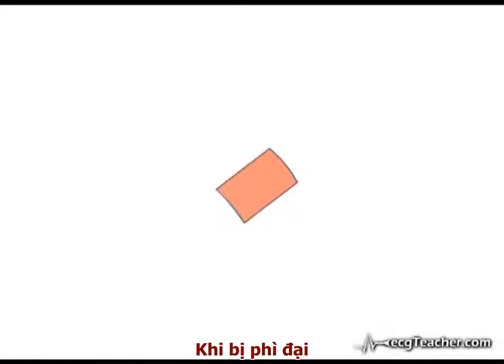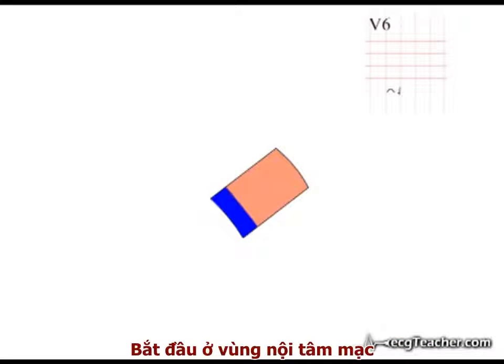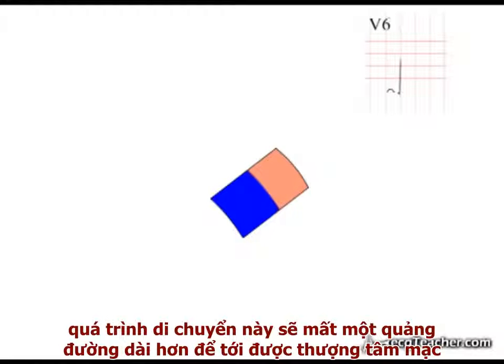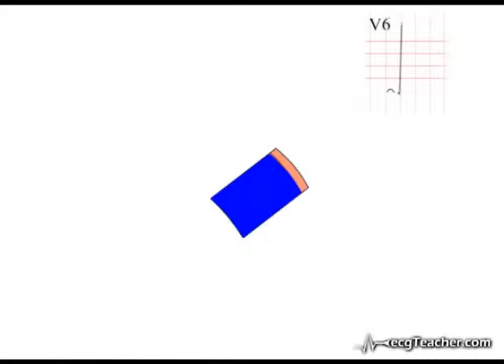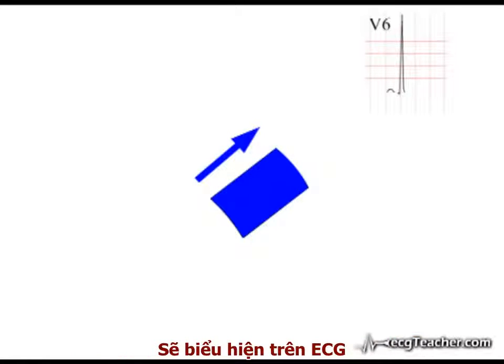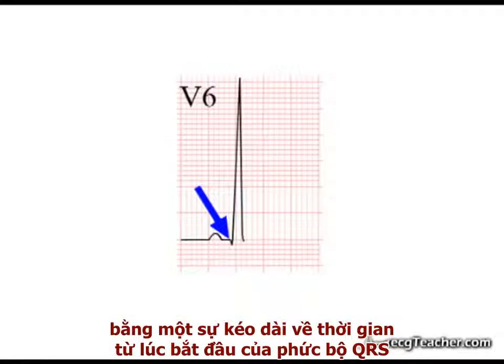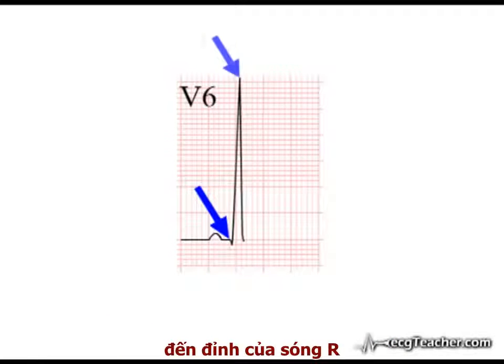In the presence of hypertrophy, depolarization begins as normal in the endocardial region. But as the ventricular wall is thickened, the wave takes longer to reach the epicardium. Prolonged transit of the wave across the ventricular wall will manifest on the ECG readout as an increase in the time from the onset of the QRS complex to the peak of the R wave.